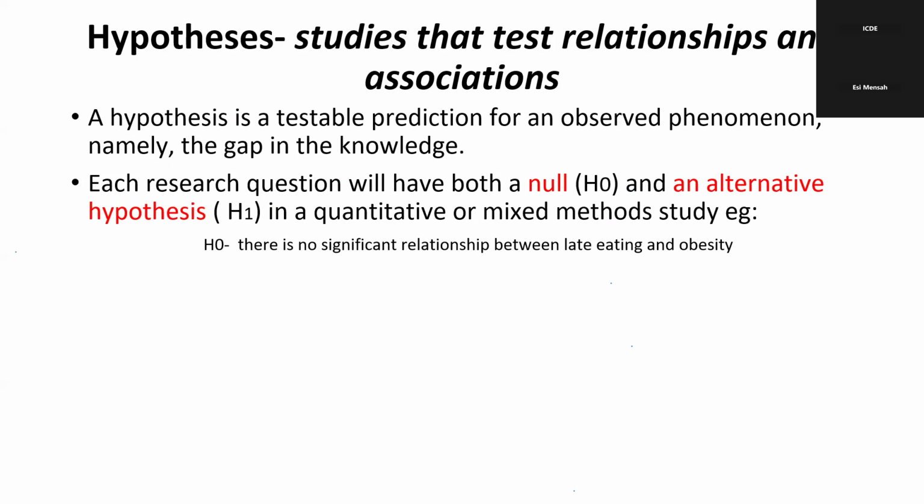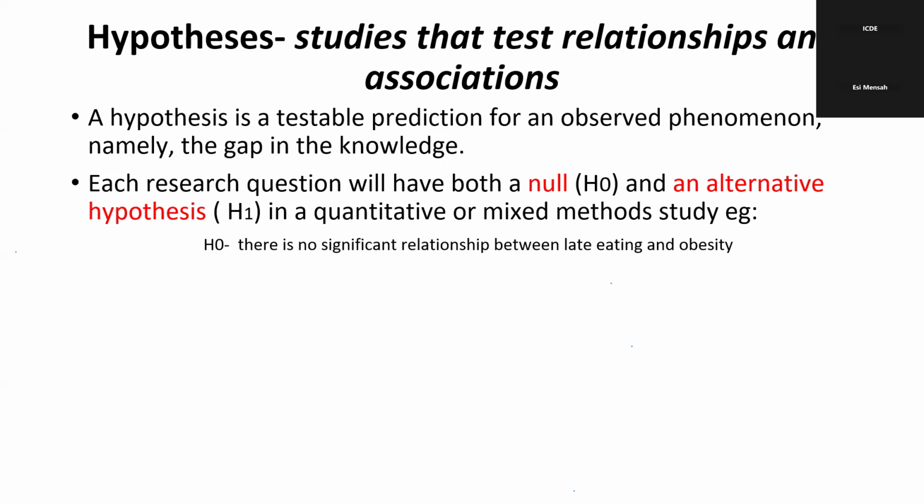And based on your objective 1, you want to examine the relationship between eating past 9 p.m. and growing fat. That is your specific objective 1. So your hypothesis for that specific objective must be written as follows.